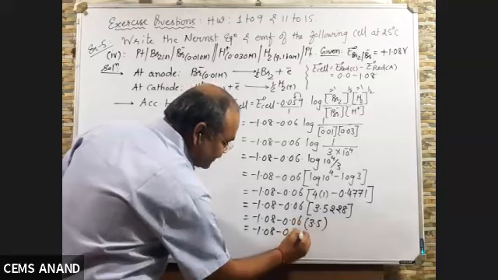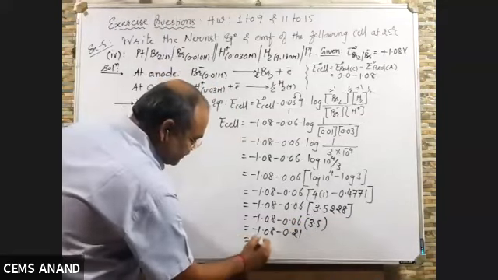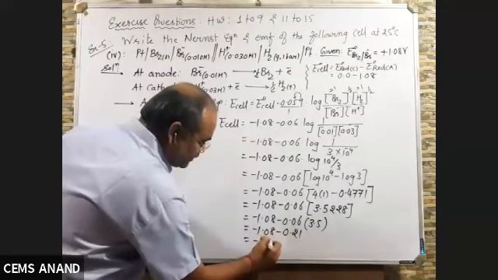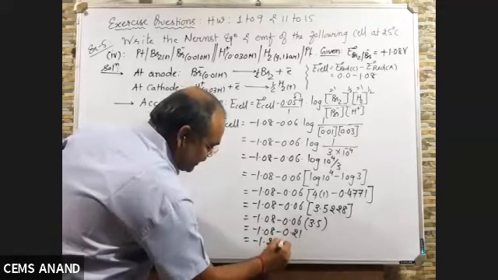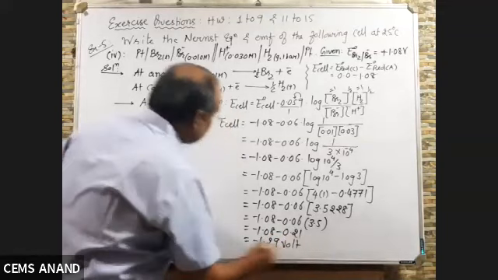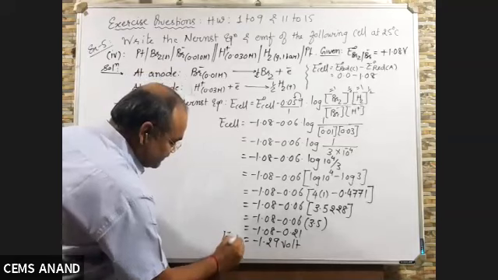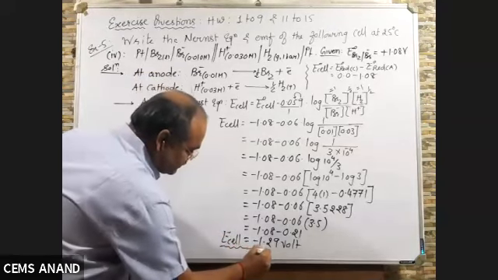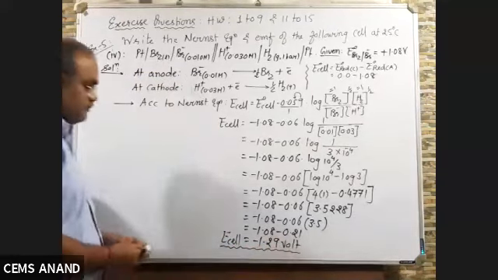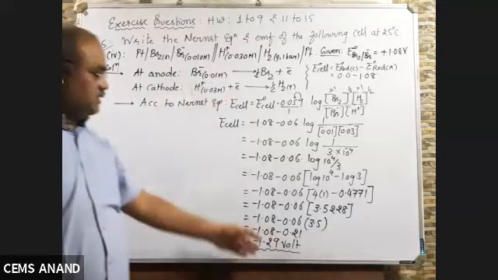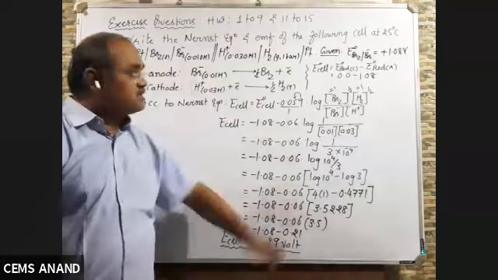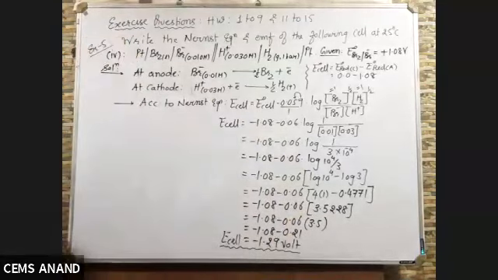It will be 0.21. So your answer will be minus 1.29 volt. This is your E cell. So in this way, you have to calculate the cell potential.